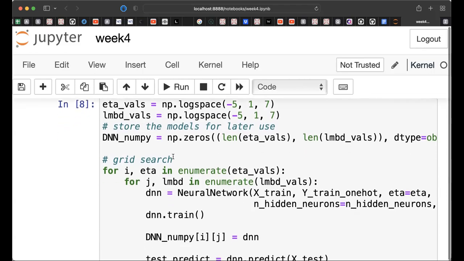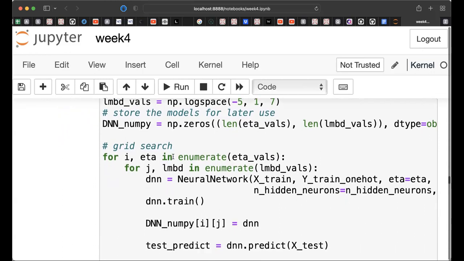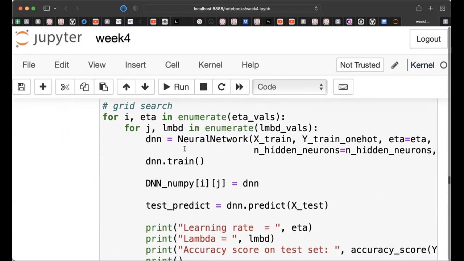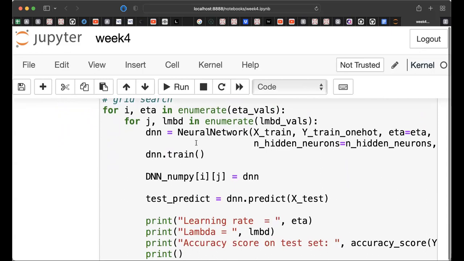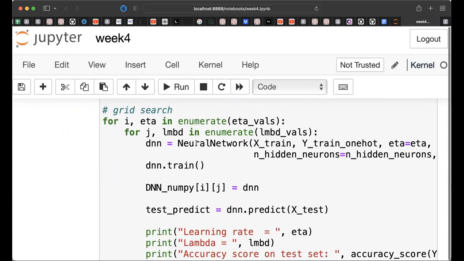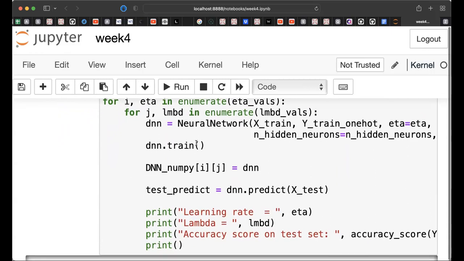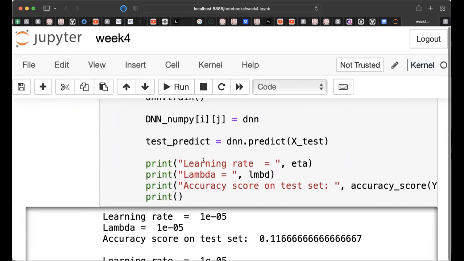I initialize my neural network, and then I perform a grid search now, where I simply run over these hyperparameters, the learning rate and the regularization parameters. And then I run my neural network, and then I simply write out the prediction I make as a function of the learning rate and the lambda parameters.